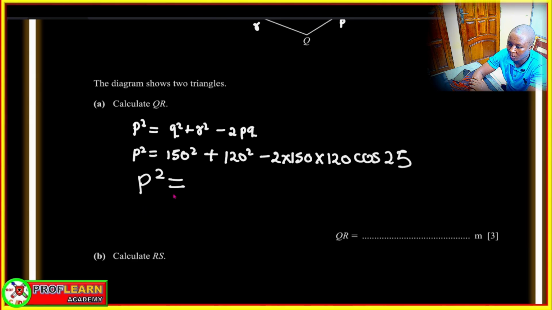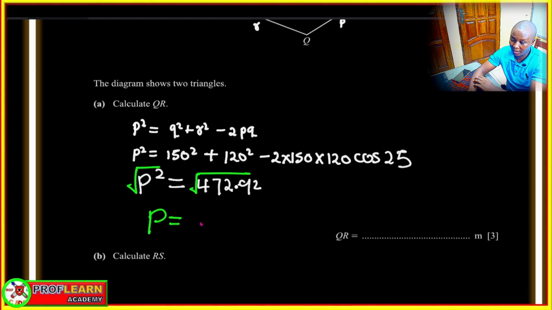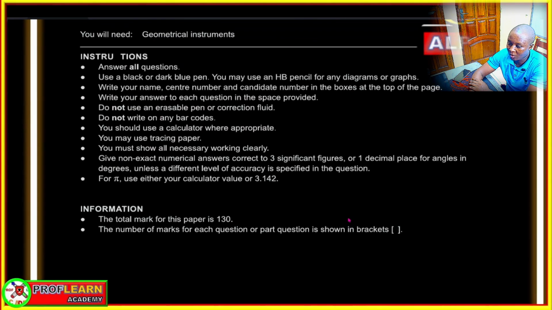Then we can substitute that into the calculator to see what our answer is going to be. So in this case, P is going to be 65.37 when you simplify that, and then we have found the length of QR.